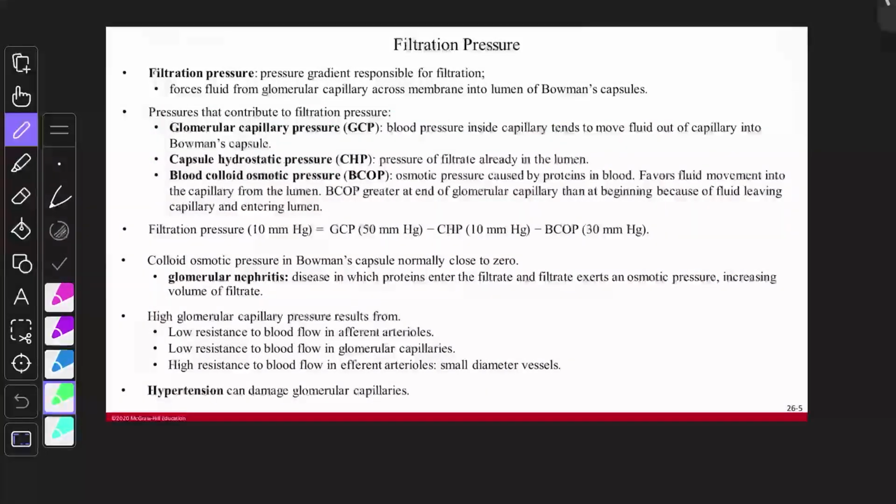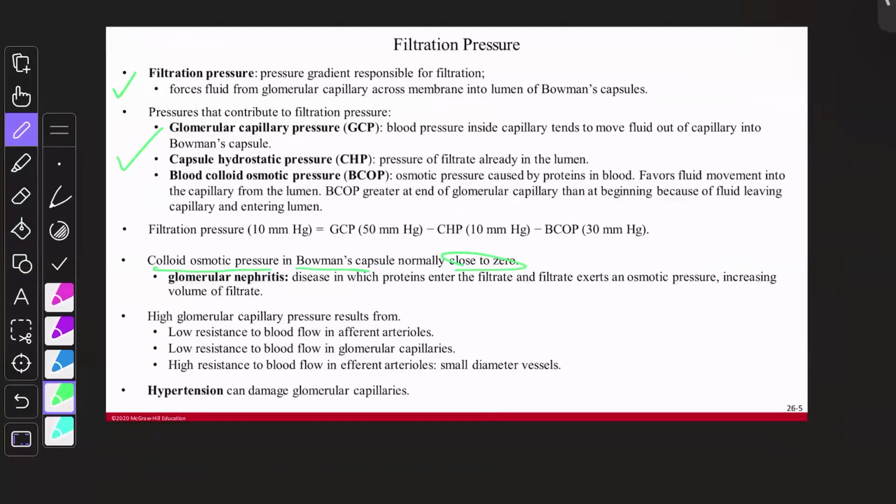Okay, so most of what's on this slide we've already talked about. We've talked about what filtration pressure is. We've talked about the different kinds of filtration pressure. We have talked about the fact that colloid osmotic pressure in the Bowman's capsule is normally close to 0.